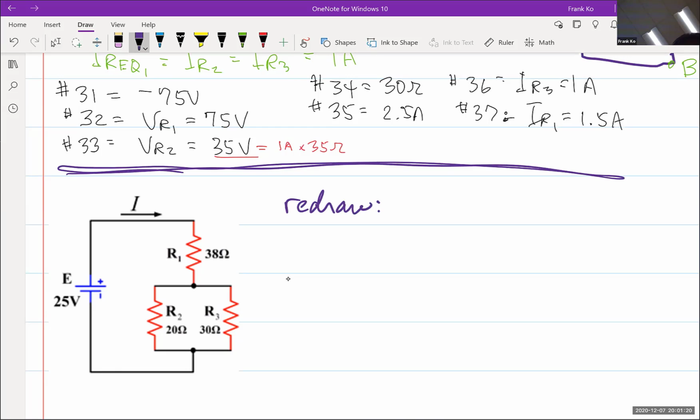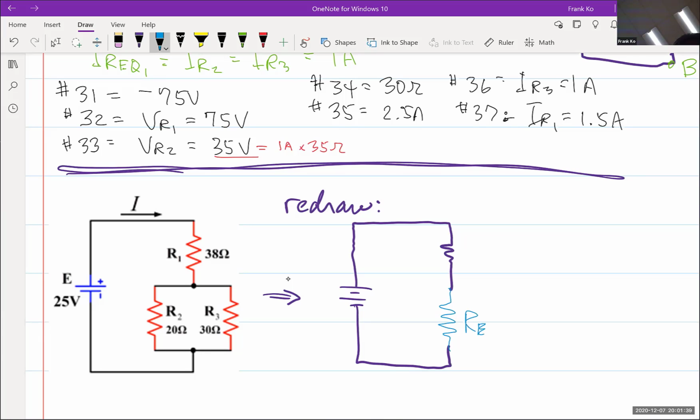Okay, so I should have in my redraw from here to here, my voltage source, this guy here, and my REQ number 1.